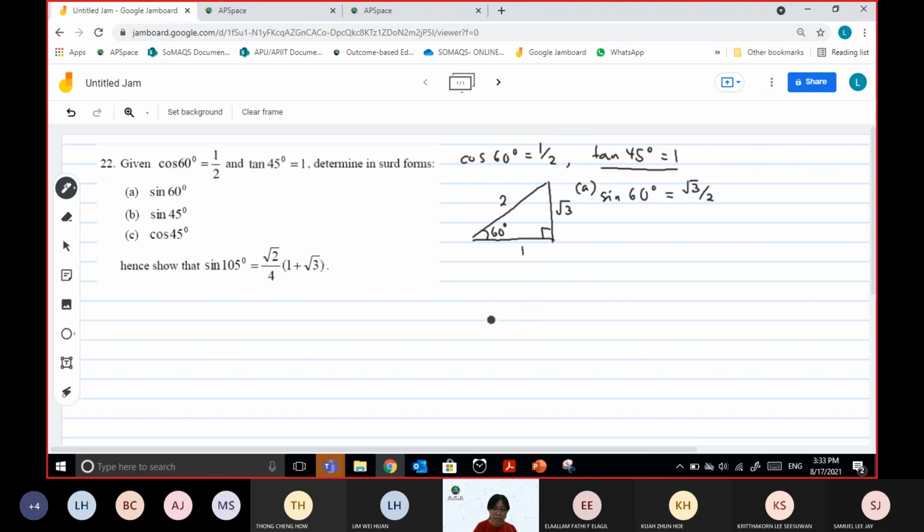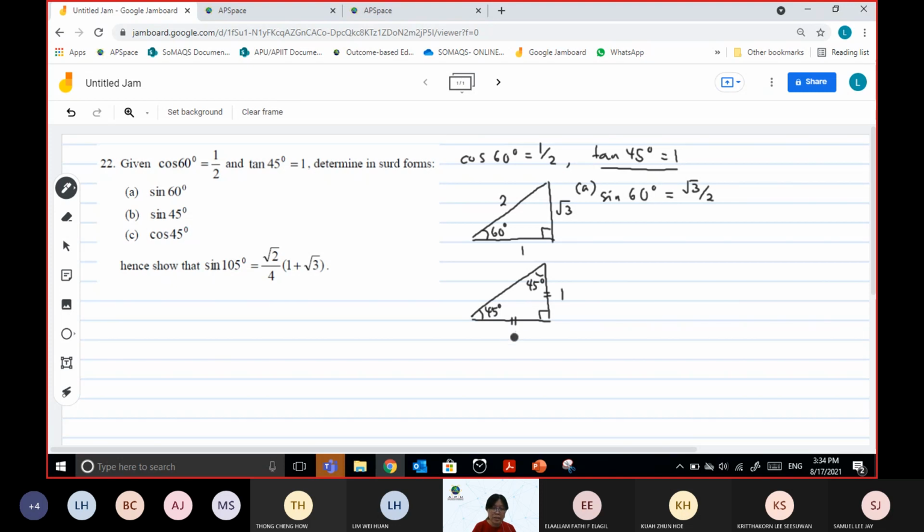For tangent 45, if I draw the triangle, let's say this is 90 degrees and this is 45. If this is 45, then this one will be 45 as well, right? That means these two sides should be equal in length, because the angles are the same. Tangent equals 1, and tangent is opposite divided by adjacent.